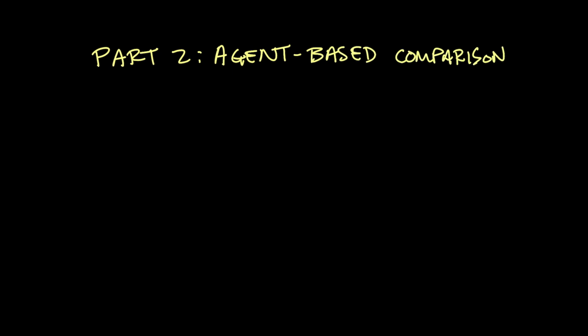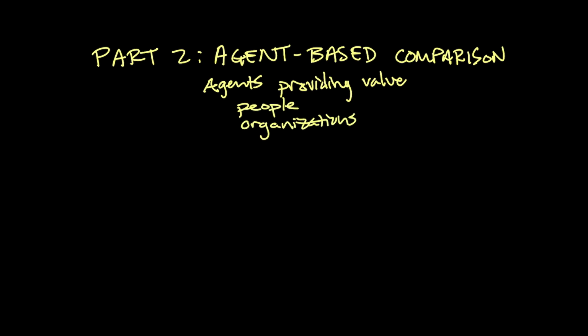Now you might be thinking, that calculation didn't include anything to do with population, infrastructure, environment, and Mars doesn't have any people on it, it doesn't have any infrastructure, and it doesn't have a very habitable environment. So we're going to look at a calculation that includes agents that provide value, including people, organizations, infrastructure, and the environment.